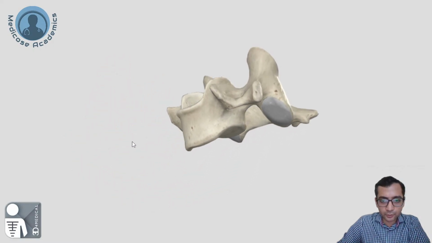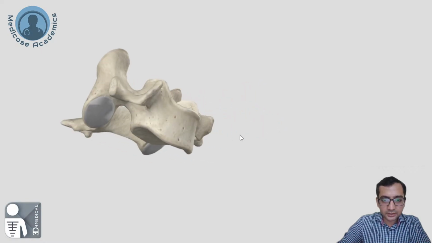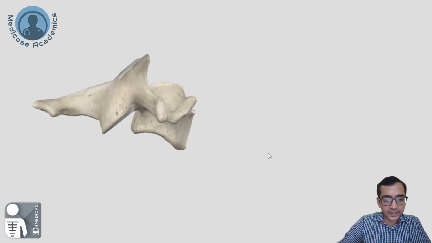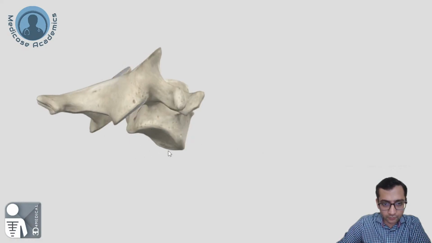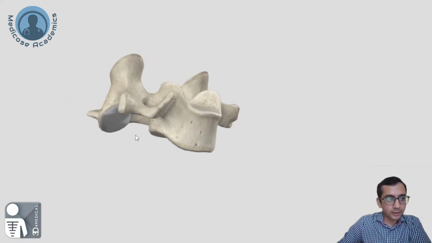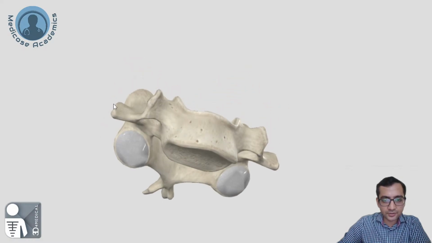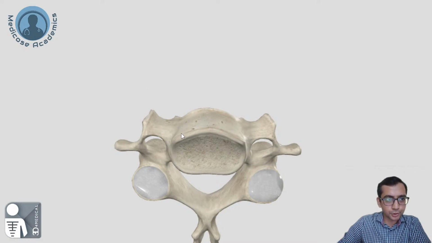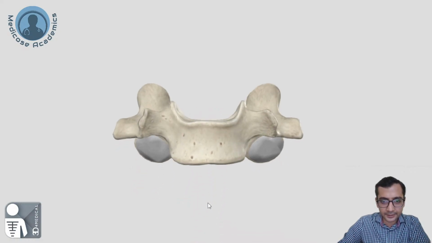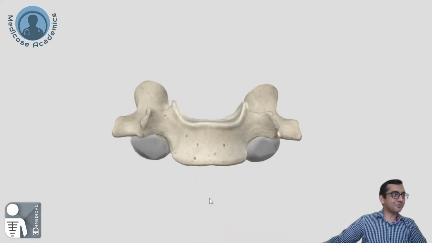It is a little difficult to appreciate here because the concavity from front to back is very prominent. From front to back, it is concave, but from side to side, it is convex. I'm not very able to show you the convexity right here, but you can take my word for it.